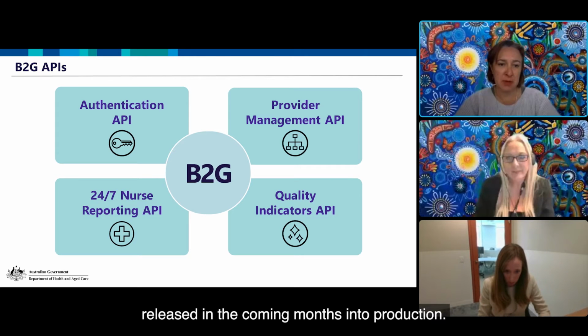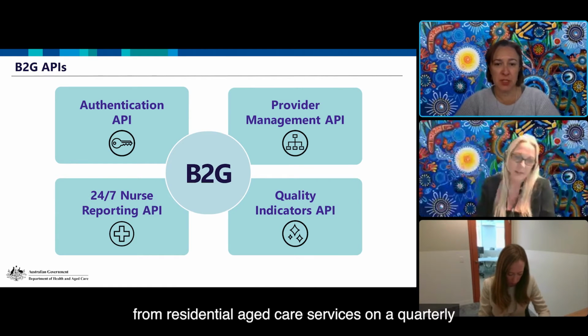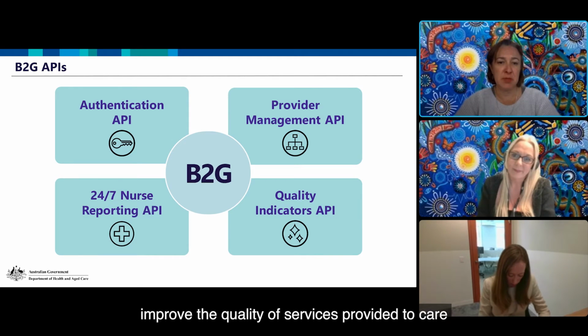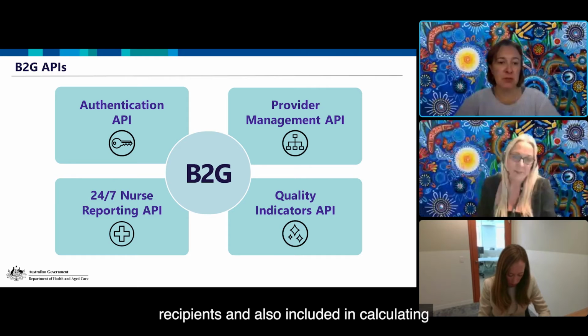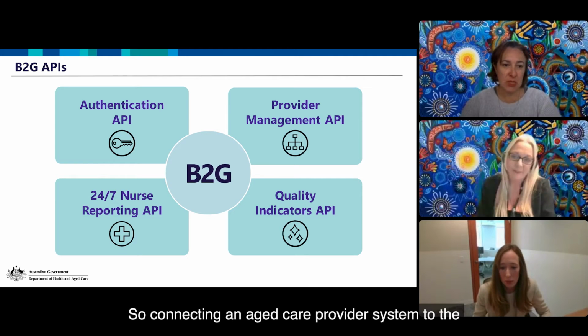This allows the collection of quality indicator data from residential aged care services on a quarterly basis, providing an evidence base that can be used to improve the quality of services provided to care recipients, and also included in calculating the star ratings.